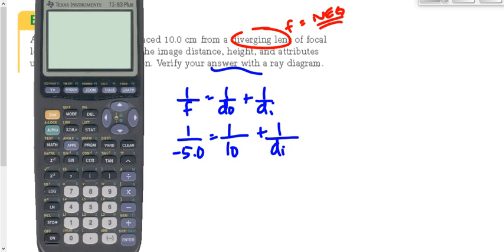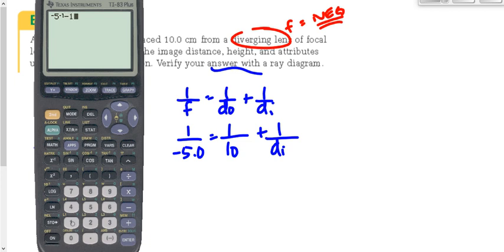Now, I showed you a little trick on the calculator on Thursday to rearrange this. Some of you are good at fractions, some of you are terrible at fractions. You just have to be good with your calculator and order of operations. 1 over negative 5. So I say negative 5, x to the minus 1.